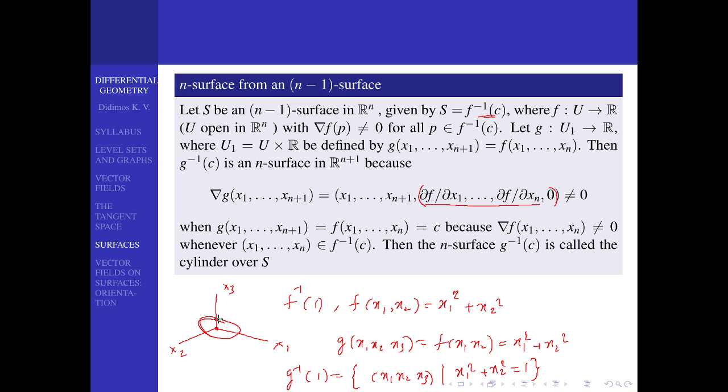When x3 is equal to 1, you get the same circle at height 1. Similarly like this, this defines a cylinder. So this is one example of an n surface generated from an n minus 1 surface. The surface generated by this idea is called a cylinder over S. Here S is f inverse of c, that is the circle, so this is the cylinder over the unit circle.